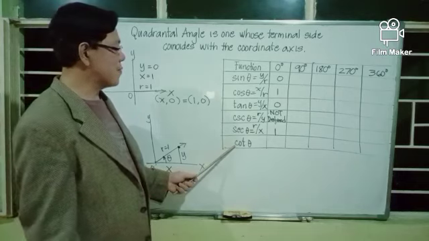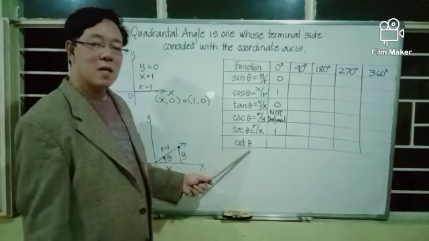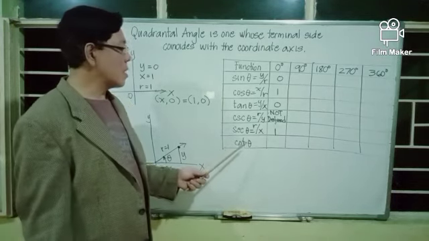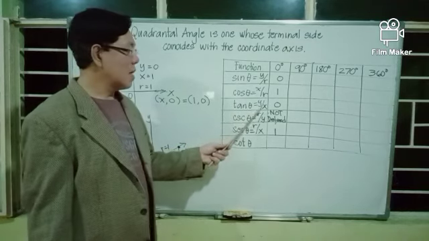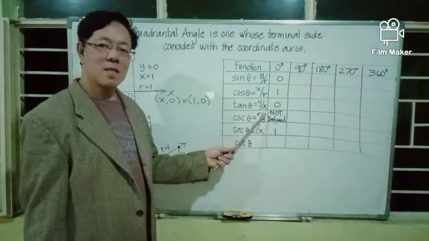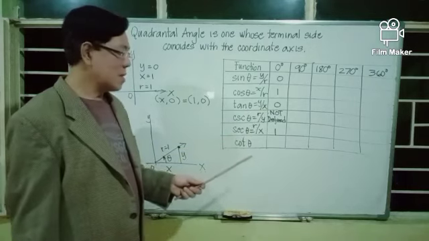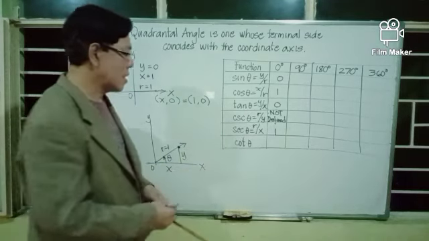Cotangent theta is the reciprocal of tangent theta, whose value is y over x. And the reciprocal of y over x is x over y. That's the value of cotangent theta.